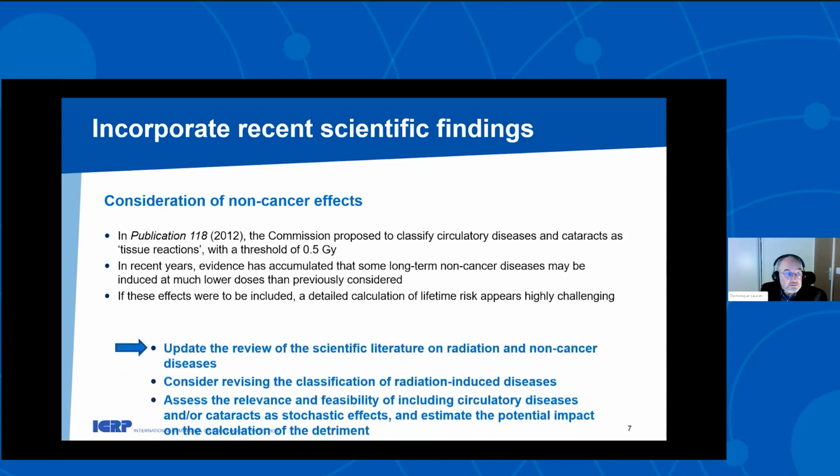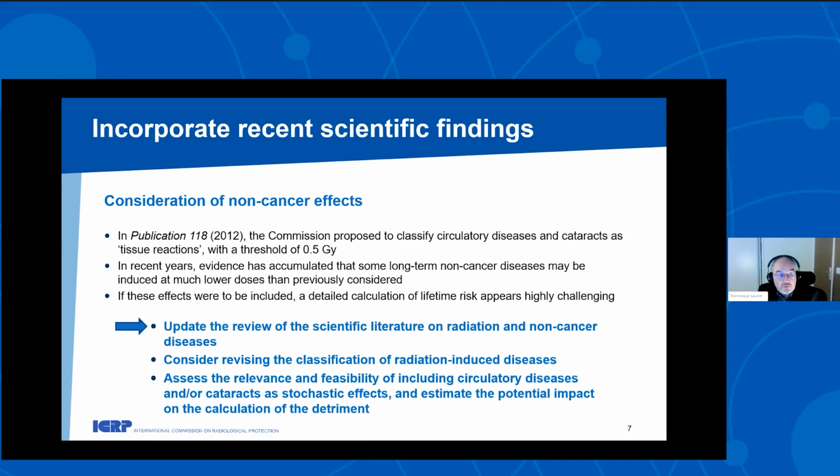So for non-cancer effects, clearly there is also a need to update the review of the scientific literature since 2012 on radiation and non-cancer diseases, especially long-term non-cancer diseases, to consider revising the classification of radiation-induced disease to make sure that it is fit for purpose, including these long-term non-cancer diseases, and to assess the relevance and feasibility of including circulatory disease or cataract as stochastic effects, and estimate the potential impact of this decision on the calculation of the detriment.